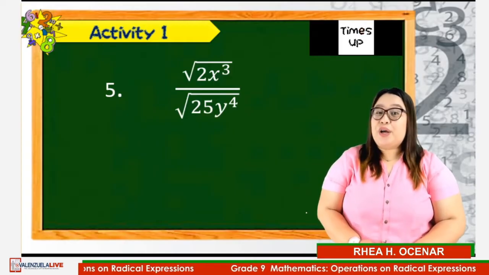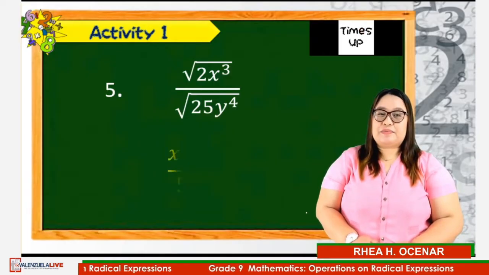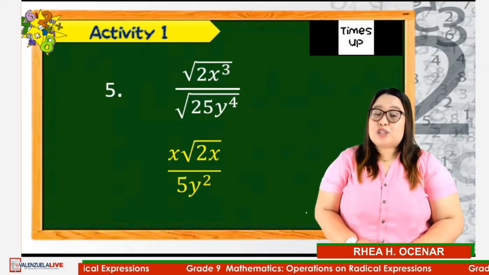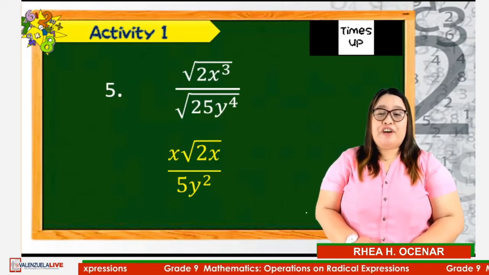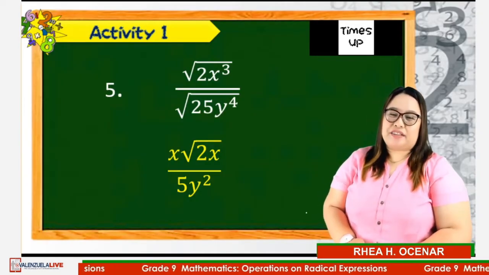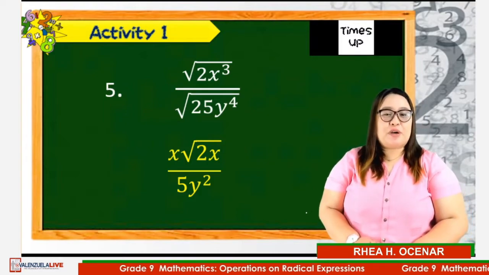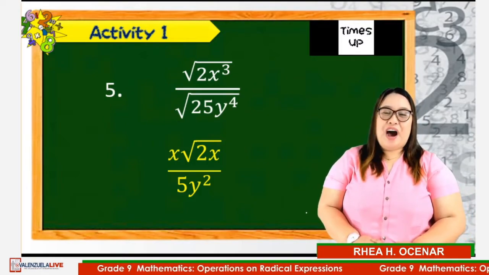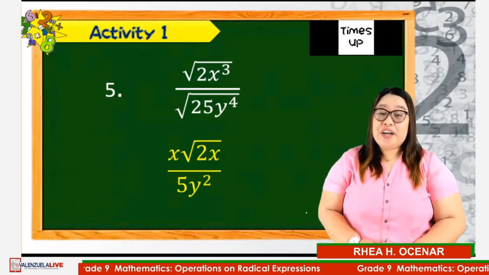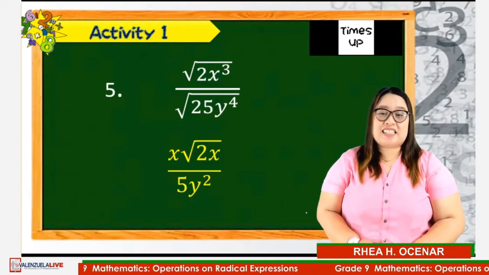Time's up. The correct answer is x square root of 2x over 5y squared. If you got 5 correct answers, you are excellent, and you are now ready to learn our next lesson.